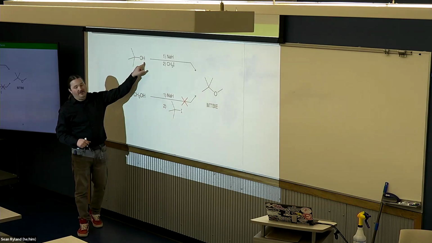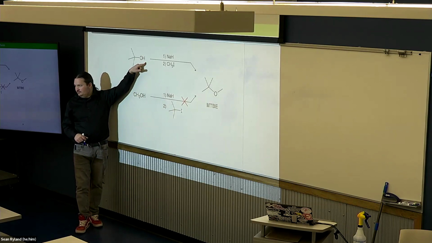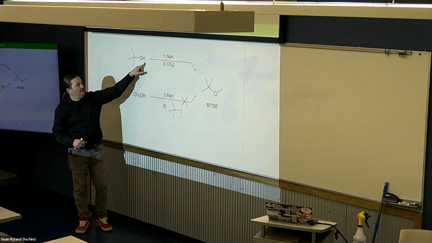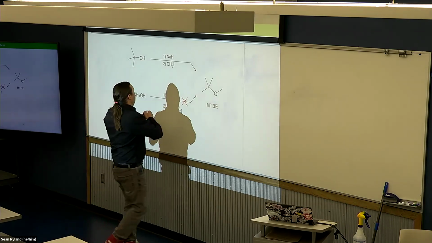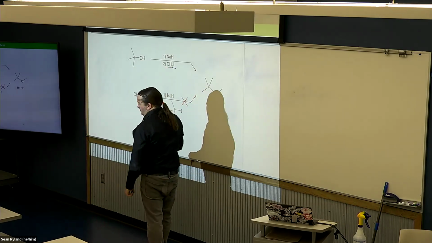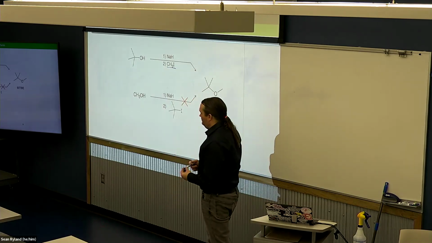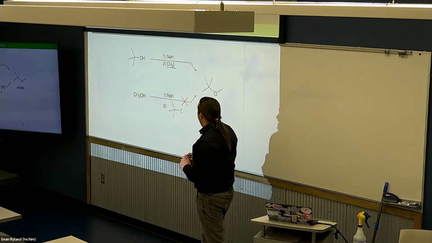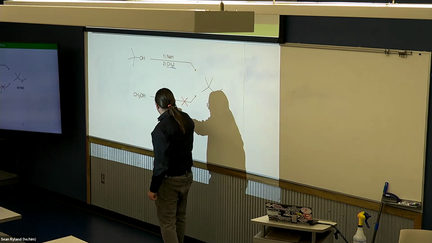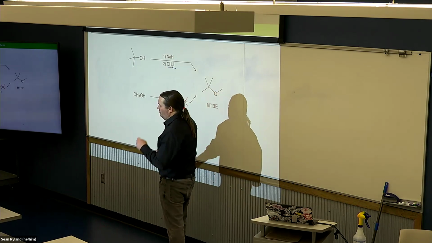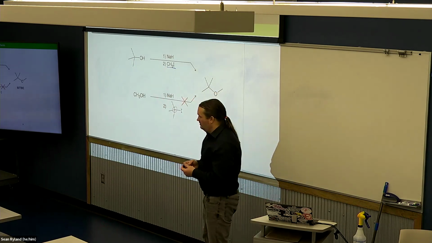We need to deprotonate the tertiary alcohol and turn it into a good nucleophile and use the methyl as our target for it, because tertiary carbons can't go through SN2.